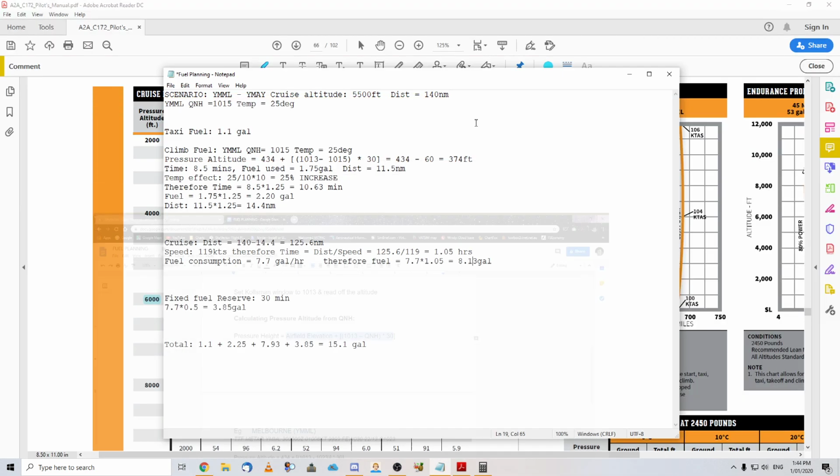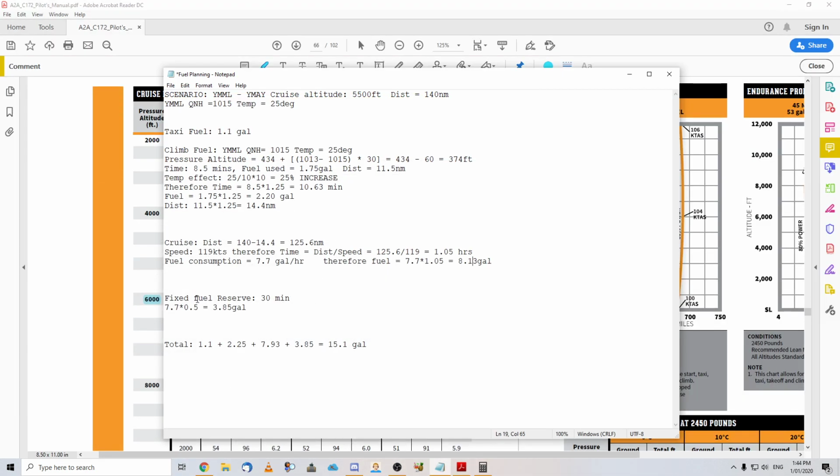However, there's a regulatory requirement fixed by CASA. It's called fixed fuel reserve. Now, I think it's just recently changed. It used to be 45 minutes of reserve, but if you're just a recreational pilot, it's now come down to 30 minutes.